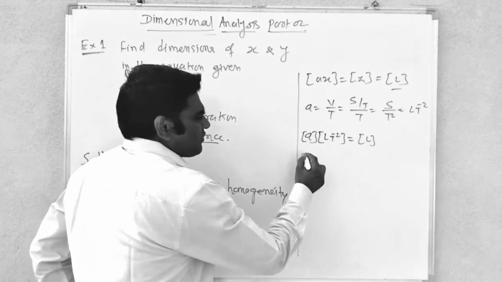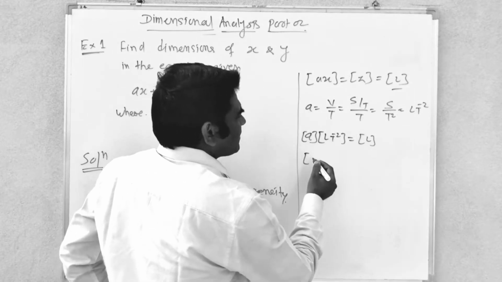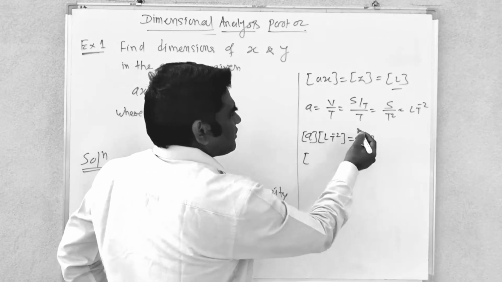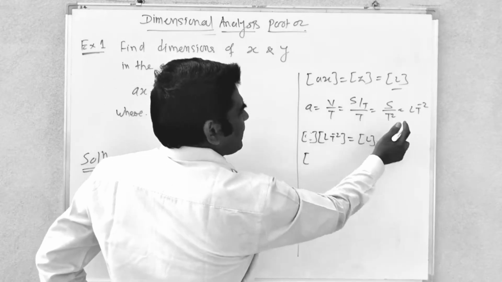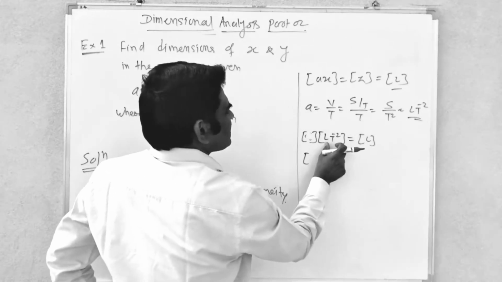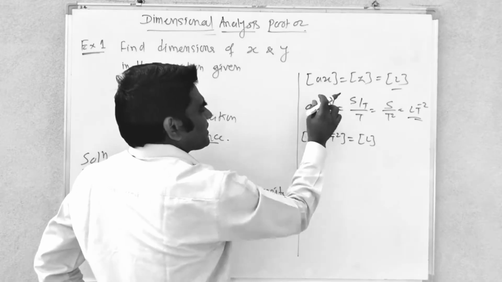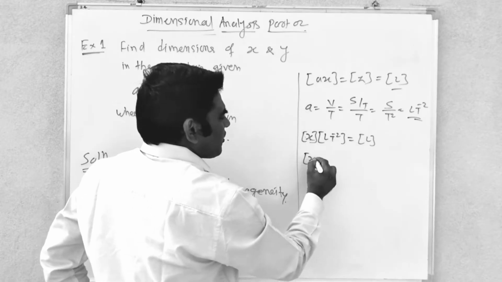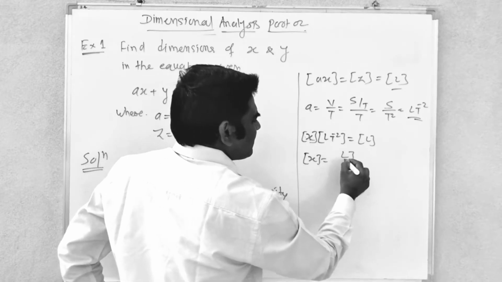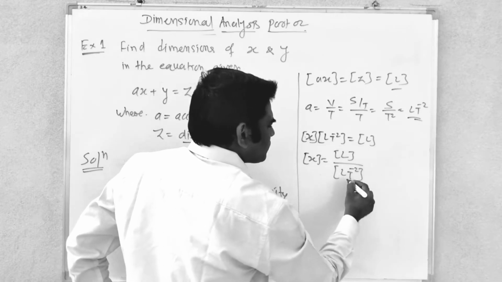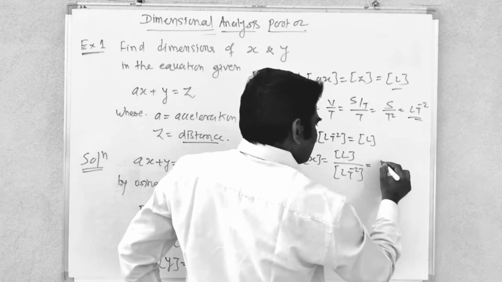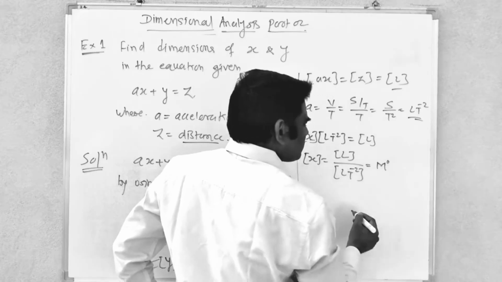Now the dimension of a we have written, so this will be x. So the dimension of x is equal to L divided by L t to the power minus 2. Ultimately, what will you get? M is 0.